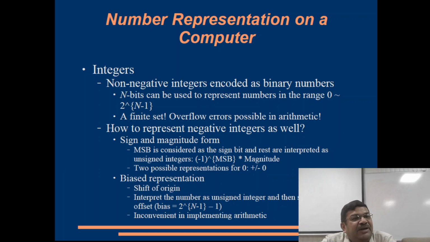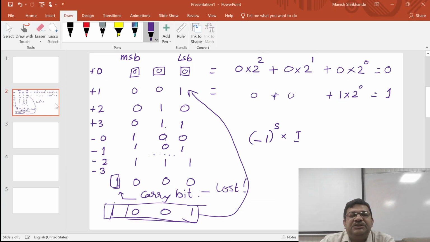Then you have biased representation. Biased representation is you effect a shift. For example, all these numbers start from 0. So instead of calling this the origin, I put the origin somewhere in between. And this is the shift or bias. Whatever is the unsigned representation, I subtract this bias from that unsigned representation, and obviously I will get the signed representation.